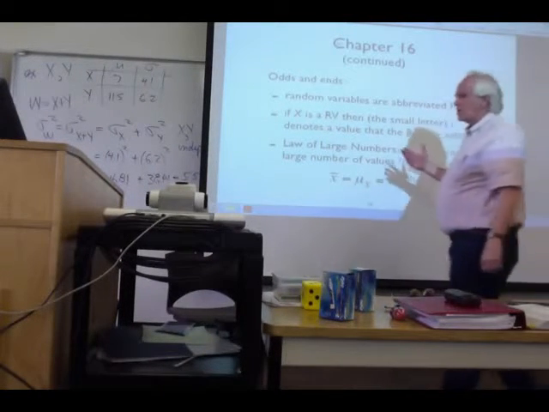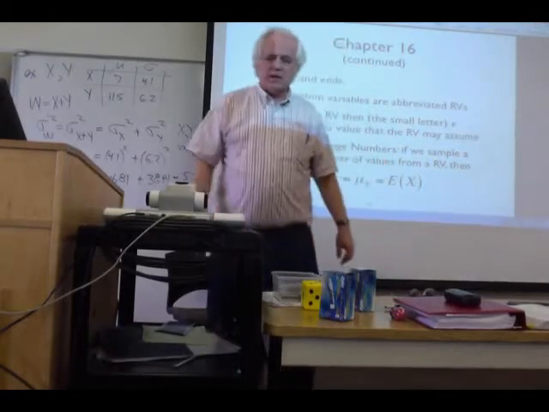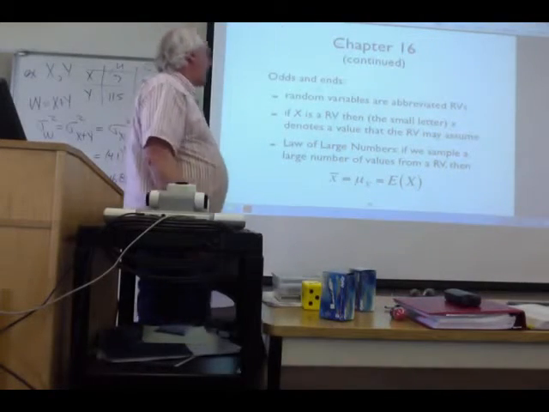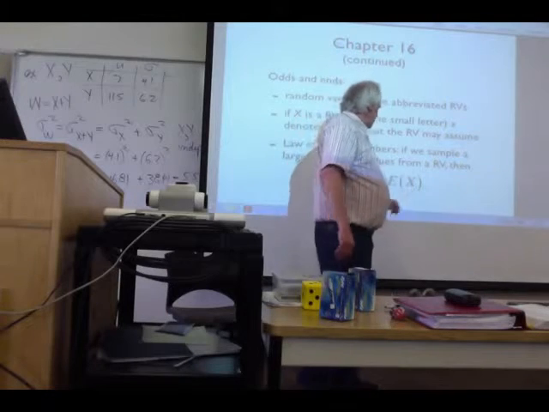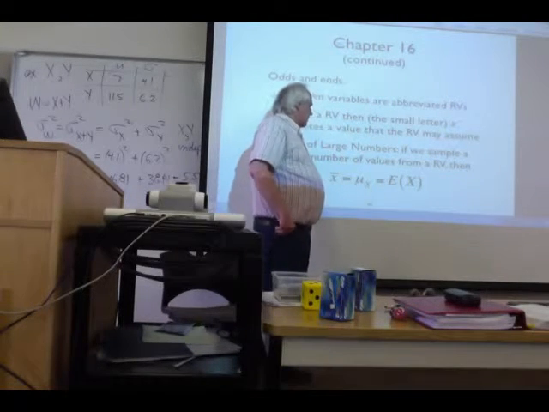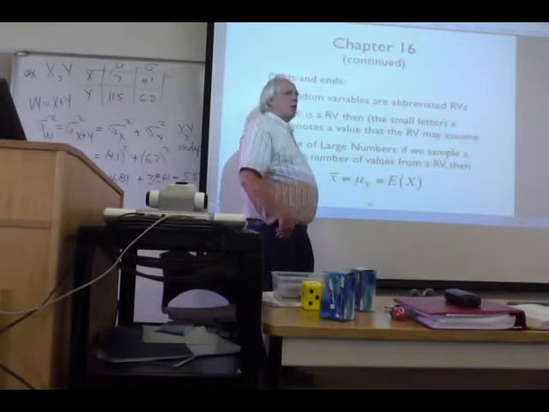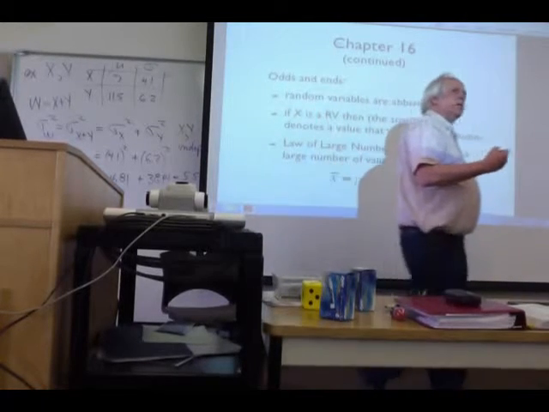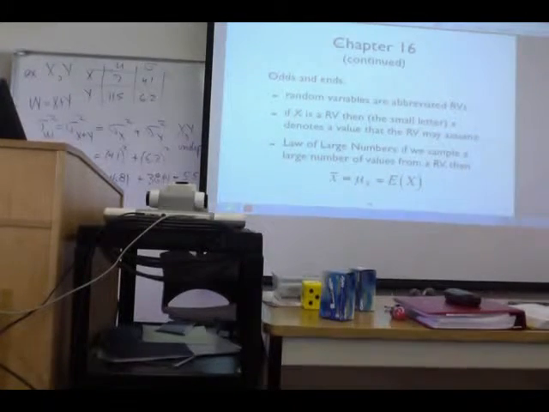Now, why are we interested in such things as the expected value of a random variable or the mean of a random variable? Well, if we go out and collect data, in any of the examples we've discussed, for example, in the rolling of a die, suppose I take a die and I roll it, say, 1,000 times.